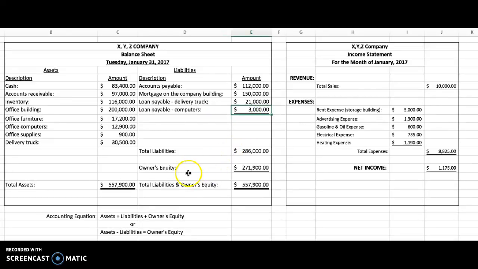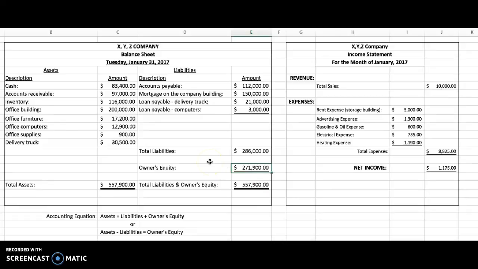So those liabilities add up to a number which, subtracted from the total assets, would give us the value of the business to the owners. The owner's equity, sometimes called the net worth, sometimes called capital.